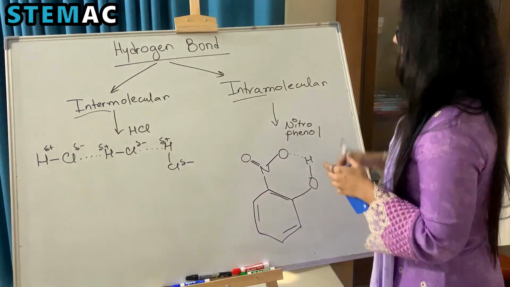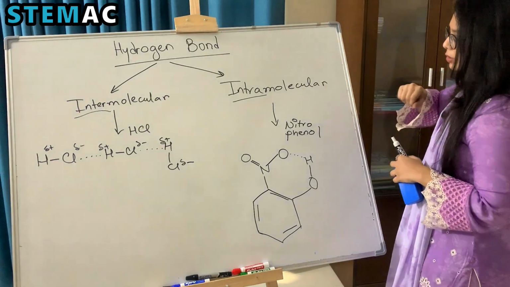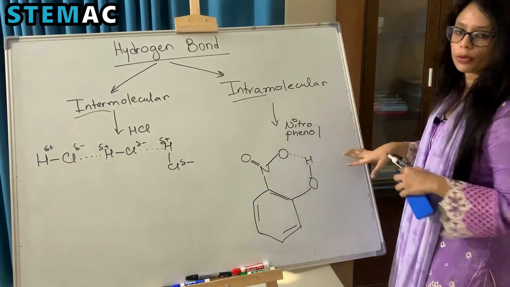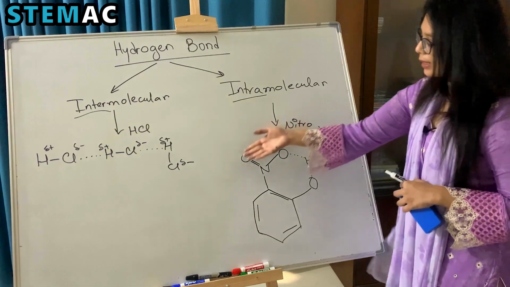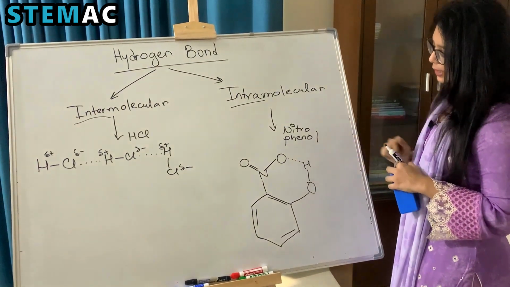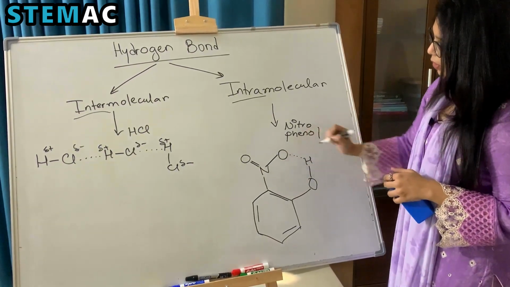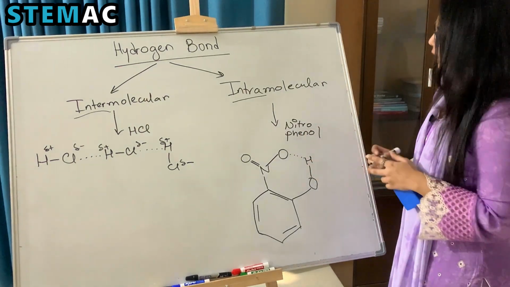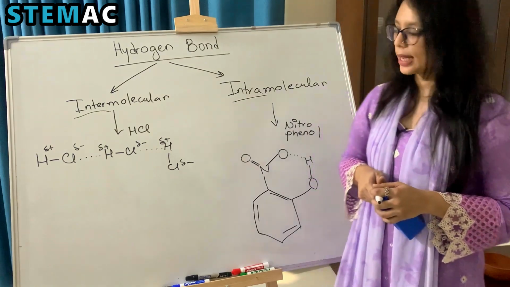But in some cases we see an intramolecular hydrogen bond. I have taken the example of nitrophenol, which is an organic compound. This is how the chemical structure looks, and we see that within a single molecule the hydrogen and the oxygen have developed a hydrogen bond between them. This is not observed in hydrochloric acid.